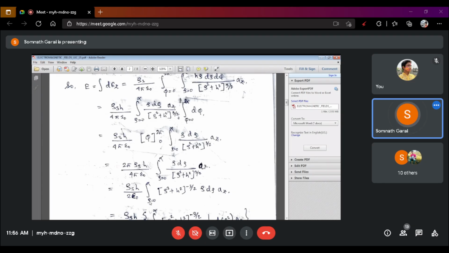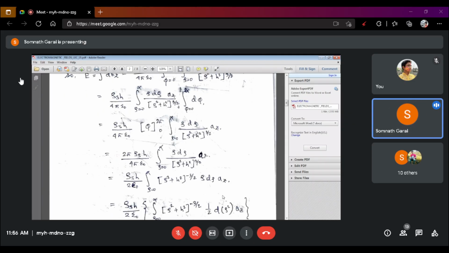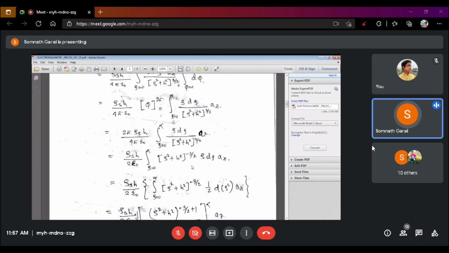integration over rho from 0 to infinity of (rho square plus h square) to the power minus 3 by 2 rho d rho a z, right? Okay, now we have to calculate this integration with respect to rho square.